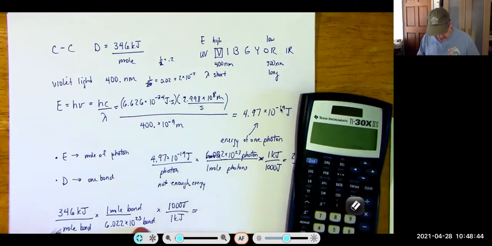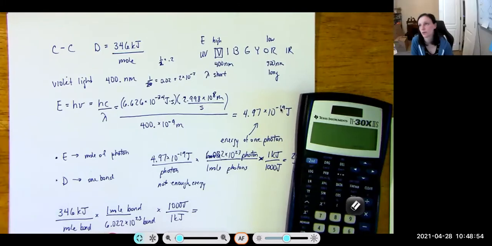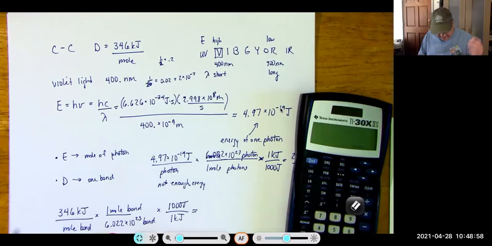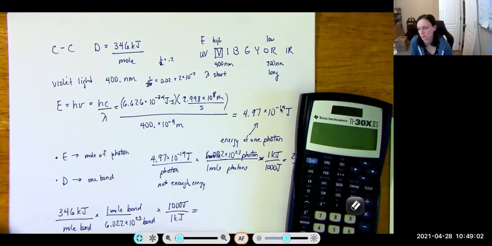So, how many times does 6 go into 346? 50 something. 50 times, maybe a little more, right? 55?